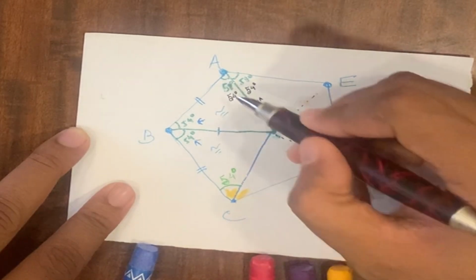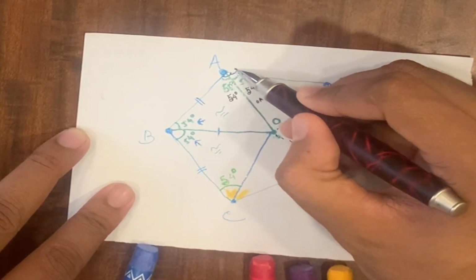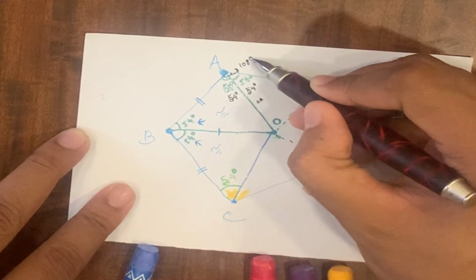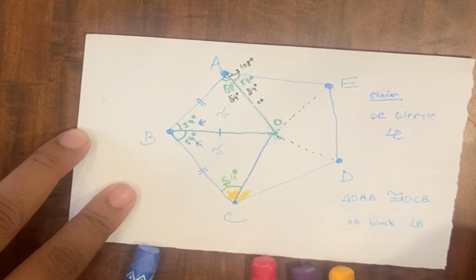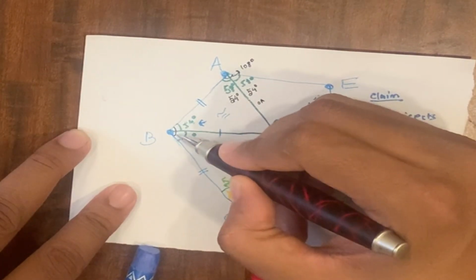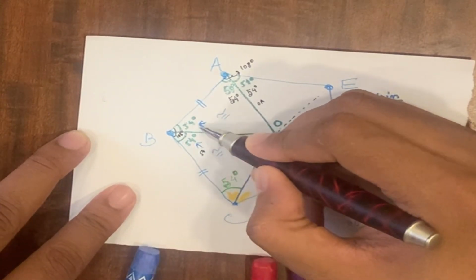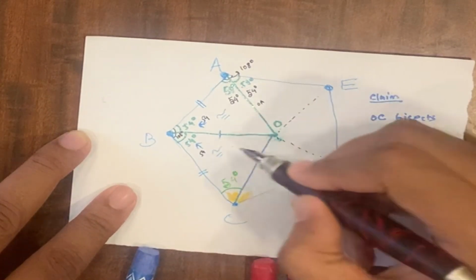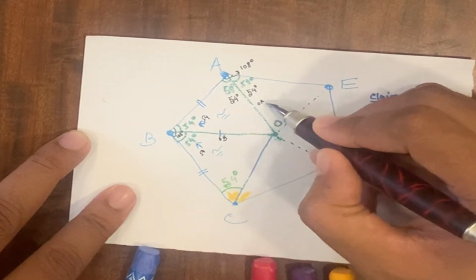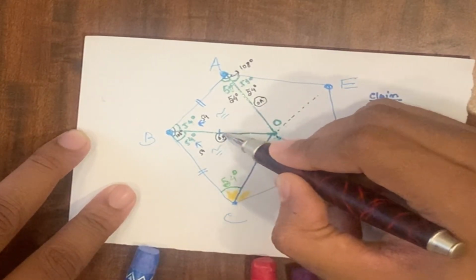Why? Because the total angle is 108 degrees. It's a regular pentagon. All of these angles are 108 degrees. Similarly, this angle is 108 degrees, so this is 54 and this is 54. So OB and OA meet at the point O.